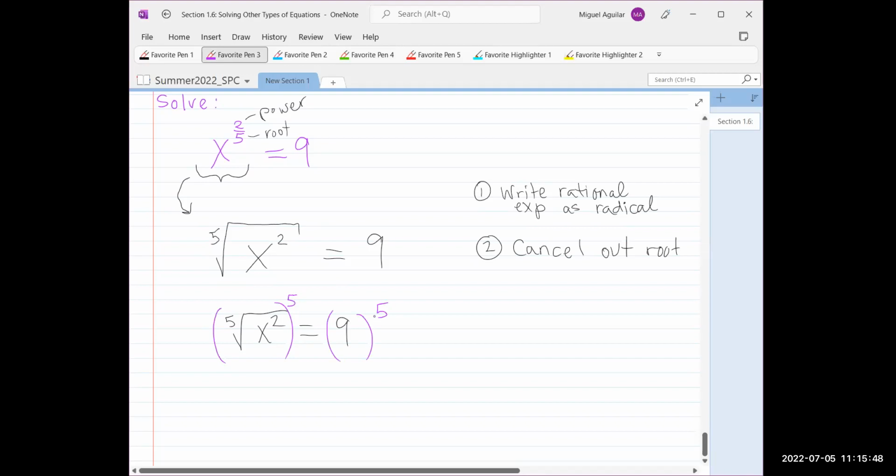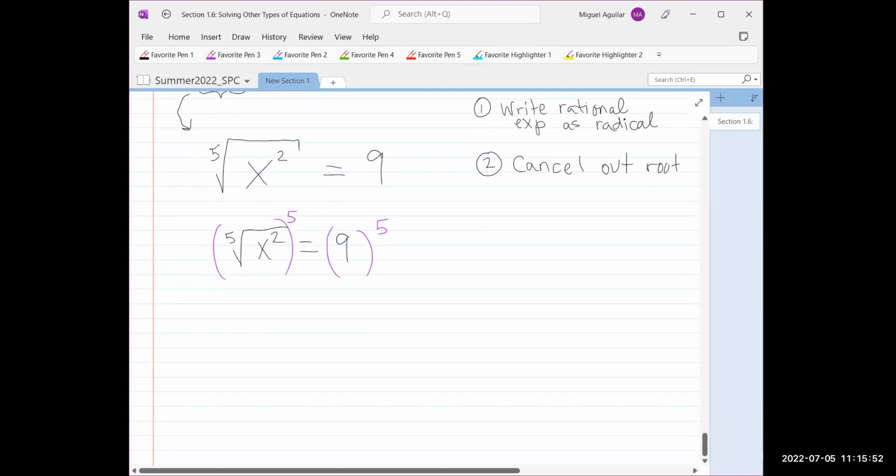Now this might get ugly because 9 to the fifth power might be a really large number. That's okay. What we're trying to do here is cancel out the fifth root and the fifth power over here, so that now we just have x squared by itself.